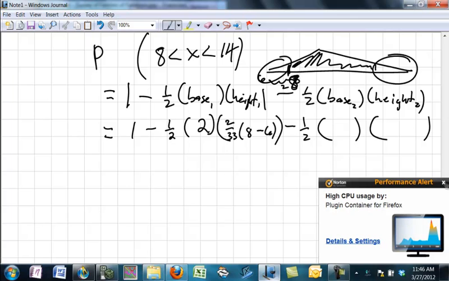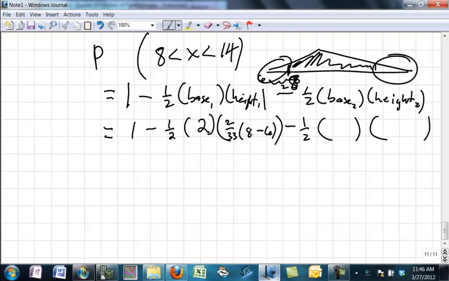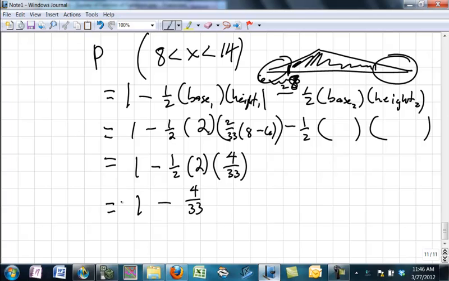So the height is 4 over 33. Base is 2. Of course, we have our 1/2. So that gives us an area, this cancels, of 4 over 33 for that little triangle. 4 over 33 is the area right here, the unshaded area.